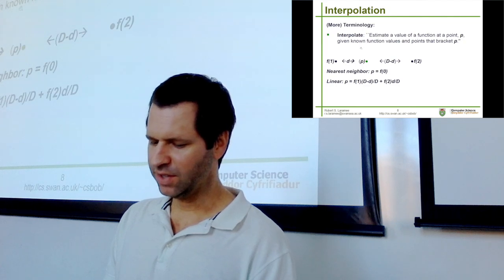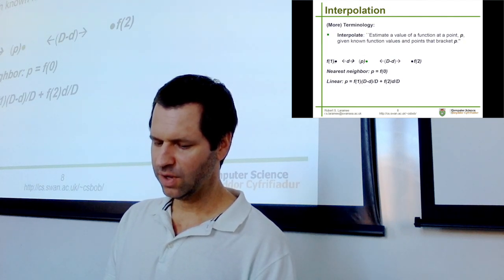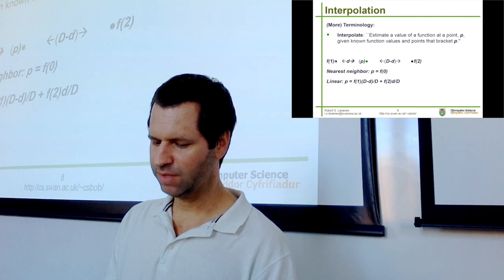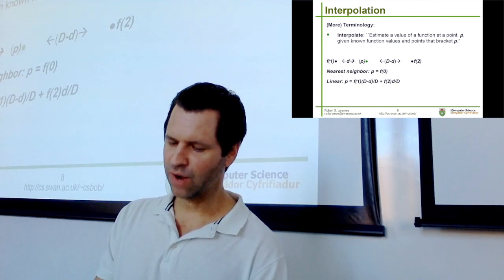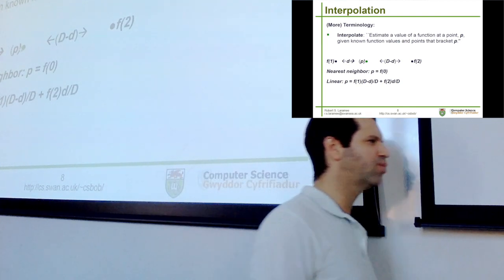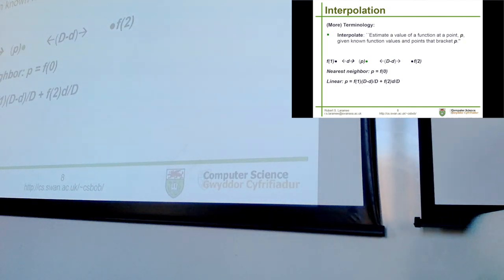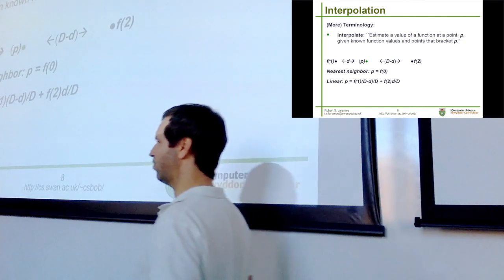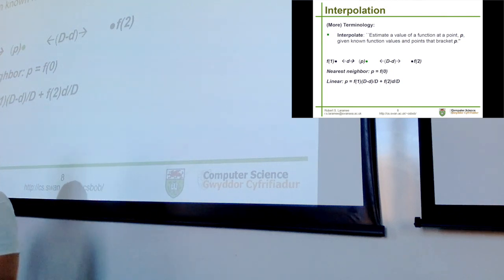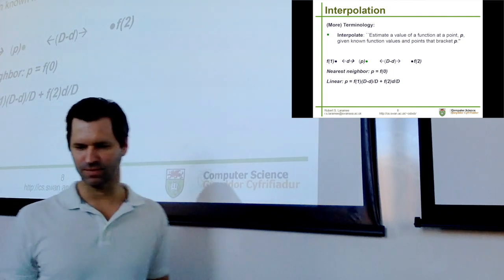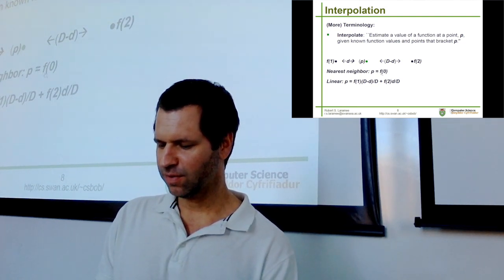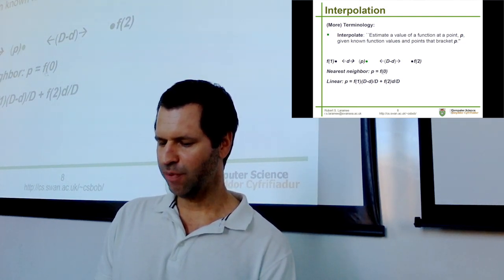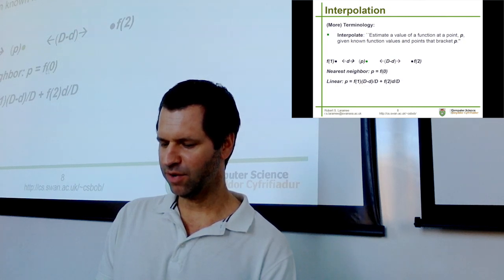So the idea is that if I have a value at this point, and I have another value at this point, and I want to derive a value between the two points, I can do that in different ways of interpolating. One is called nearest neighbor interpolation. So I just copy the value of my nearest neighbor.